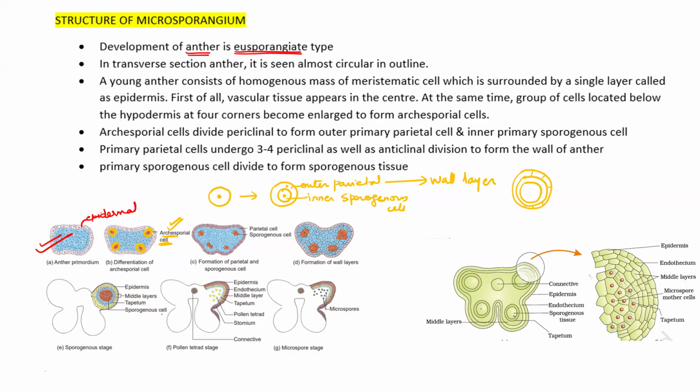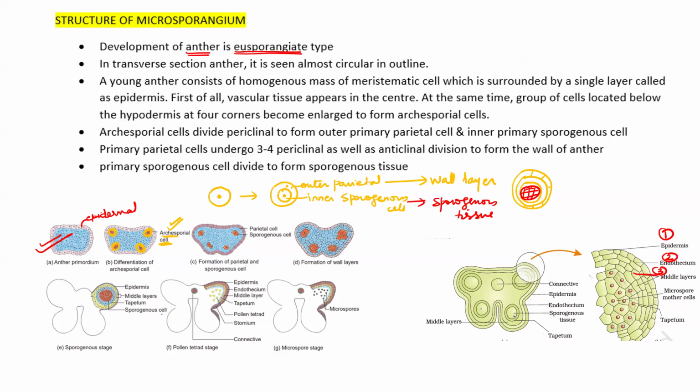Let us assume this is your sporogenous cell present in the center. It has not become tissue, but later on it will become sporogenous tissue because a sporogenous cell will make a sporogenous tissue. So what are the anther walls? If you see, first is epidermis, second is endothecium, third is middle layer.